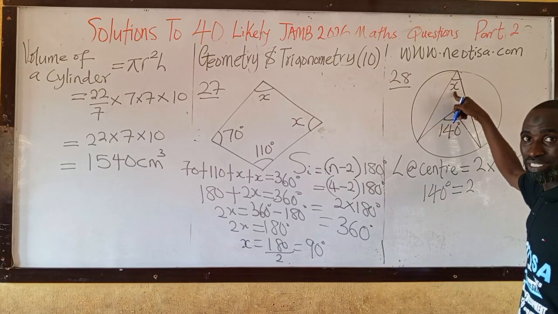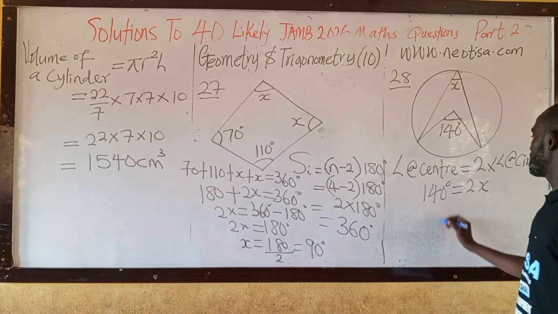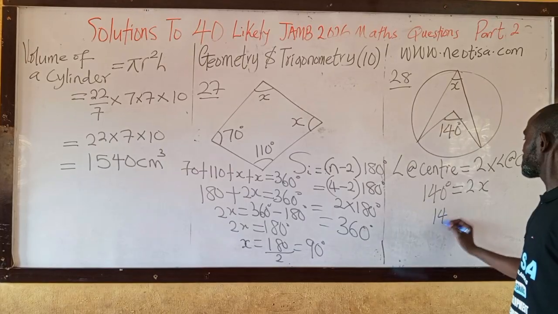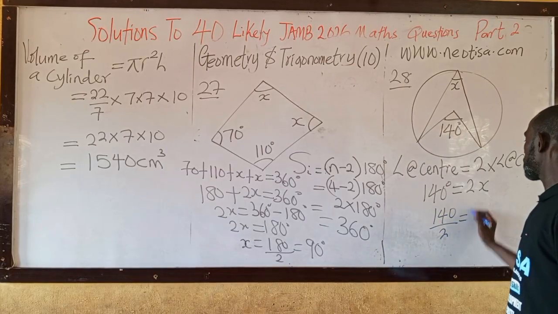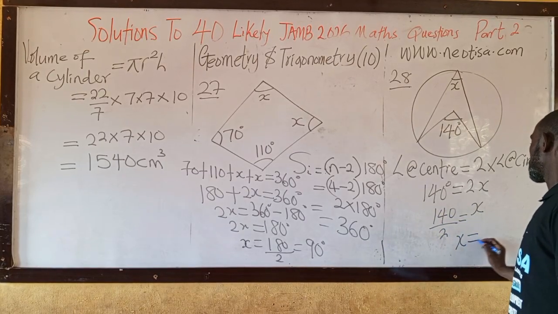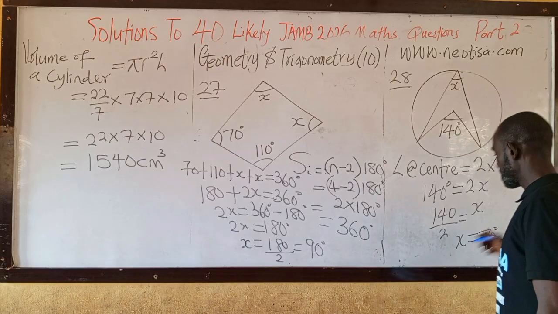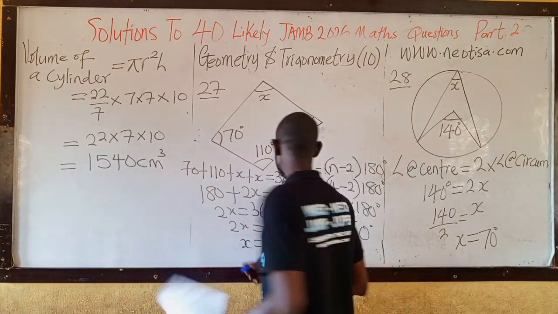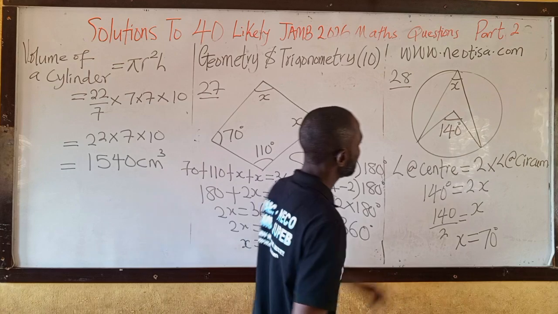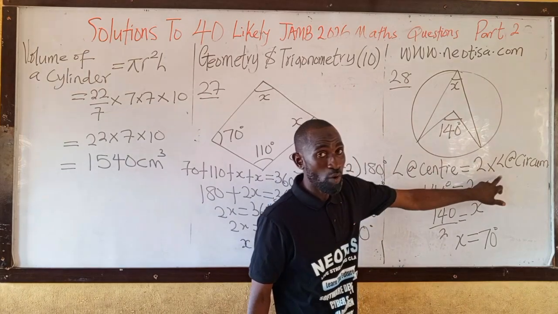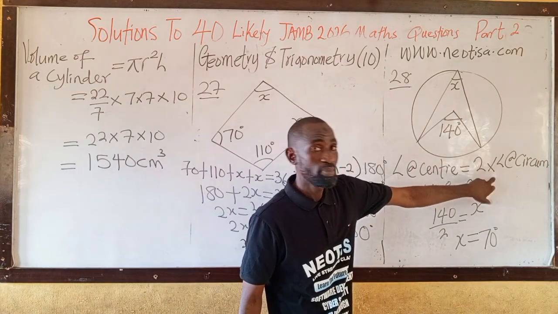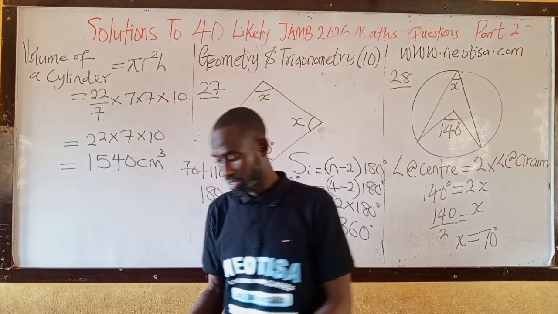So x equals 140 over 2, which is 70 degrees. What did I use to solve this question? The theorem: the angle at the center is twice the angle at the circumference.